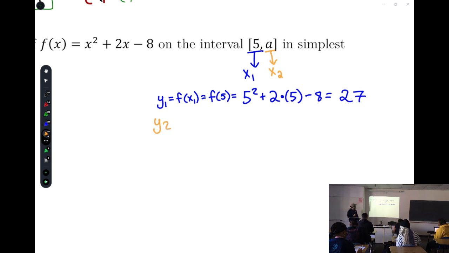Y2? Can you see that yellow? You said no? Oh. Y2 is equal to f of x2, which is equal to f of a, which is equal to, yeah. Can we keep going?